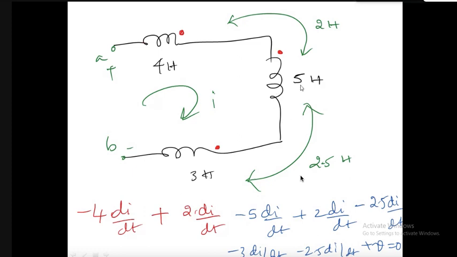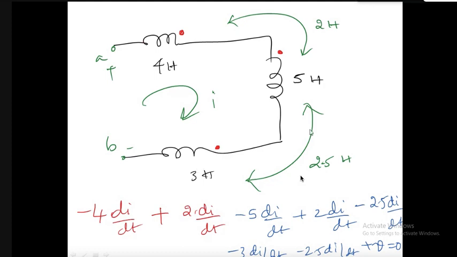Next, the 5 Henry coil is mutually linked to the 3 Henry coil. How is it linked? Just check. The current in the 5 Henry coil is entering, and the current in the 3 Henry coil is also entering.